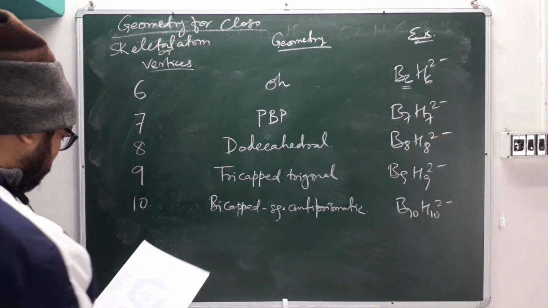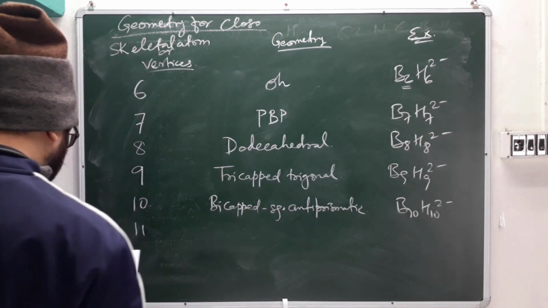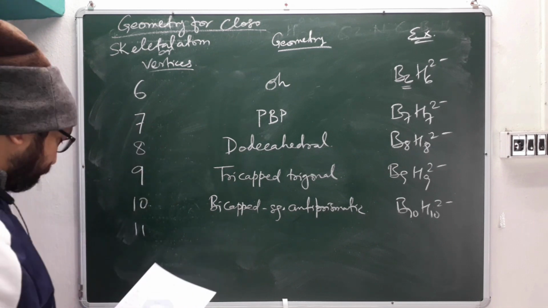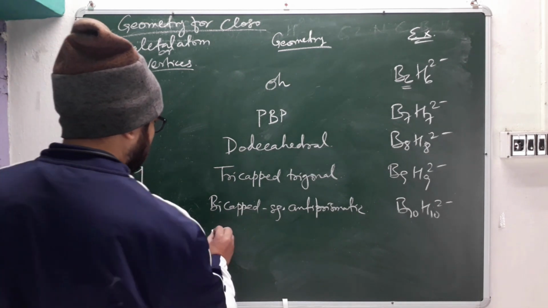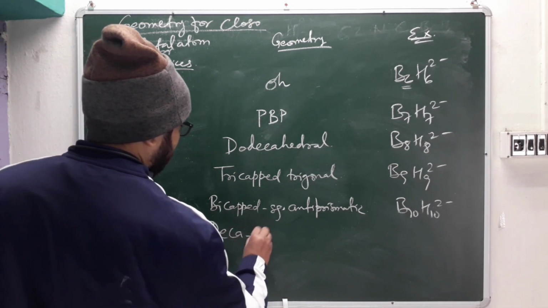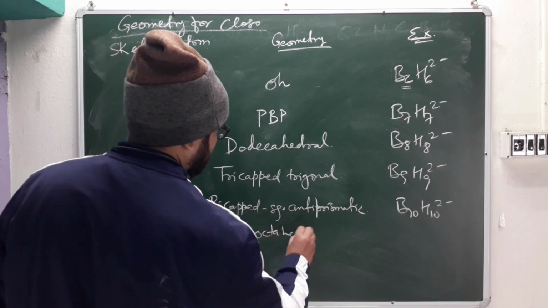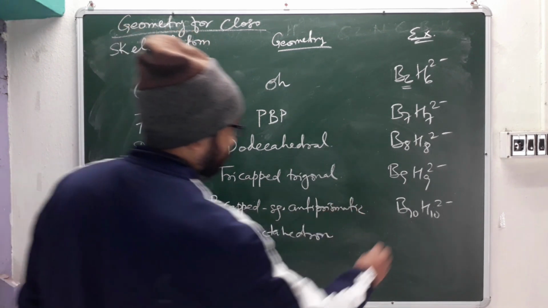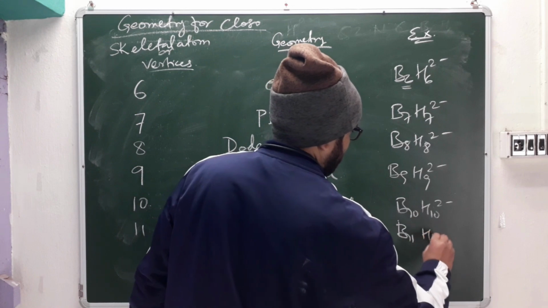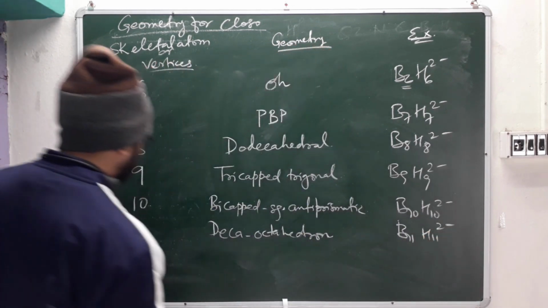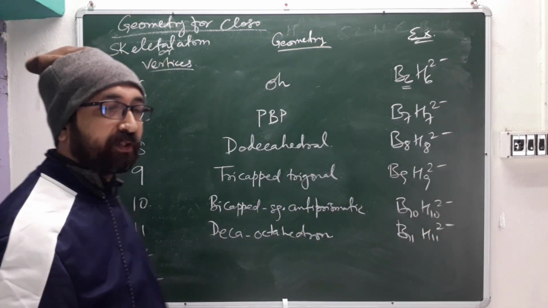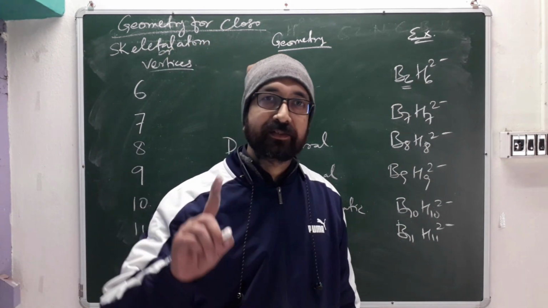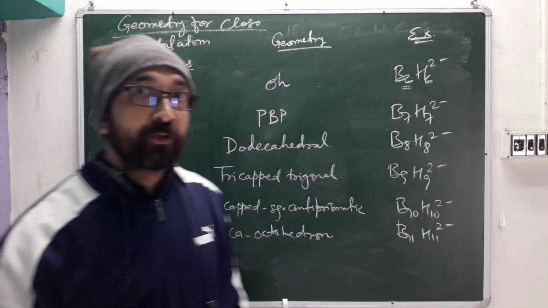Now the next is 11. If the number of vertices or skeletal atoms is 11, then it's an octadecahedron. It will be B11H11 2 minus. And the next will be 12, which they have already asked, I guess in 2019 or 2020.